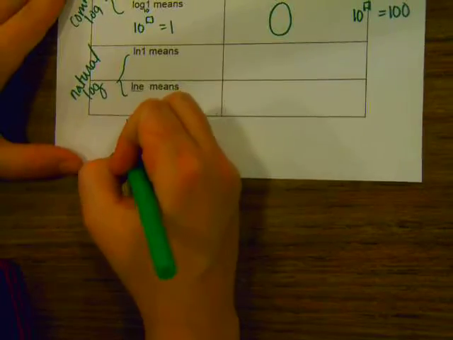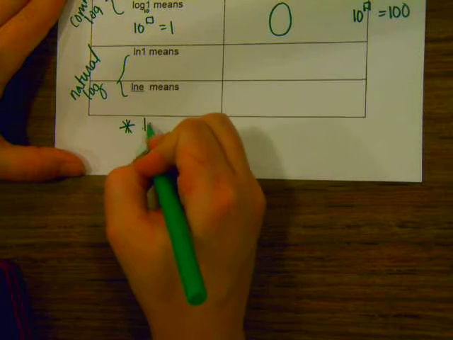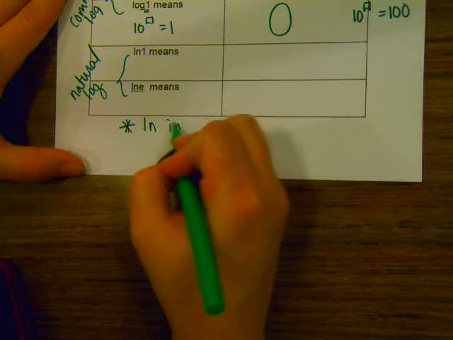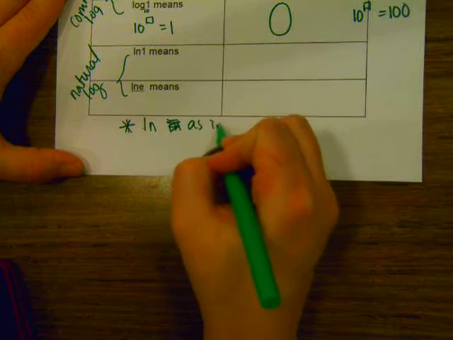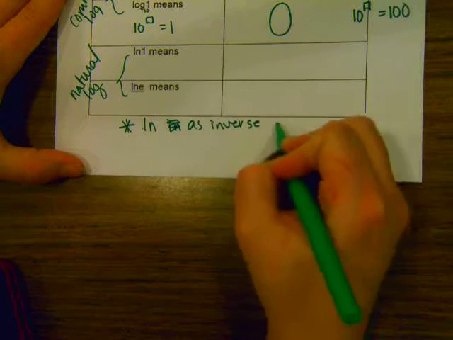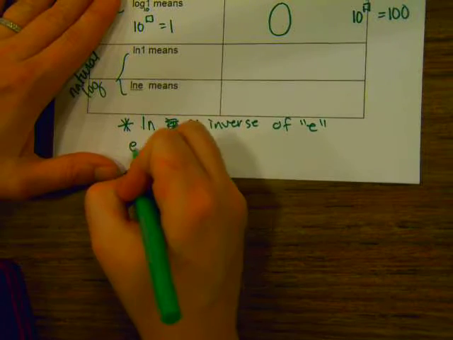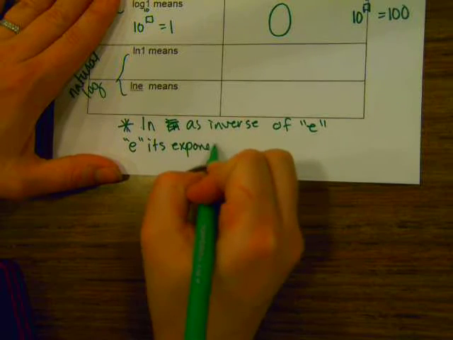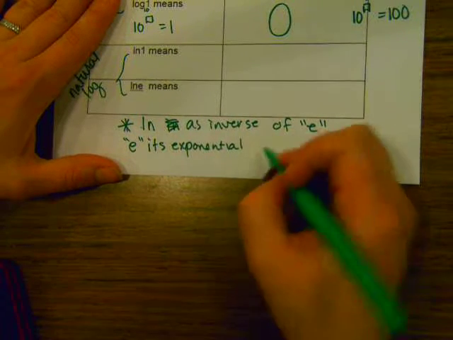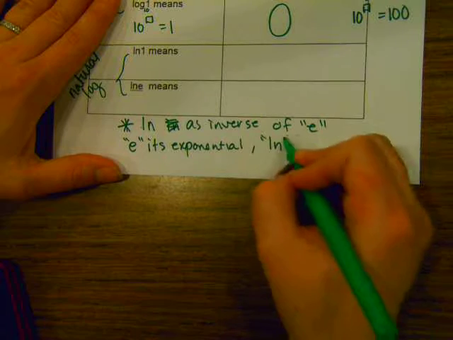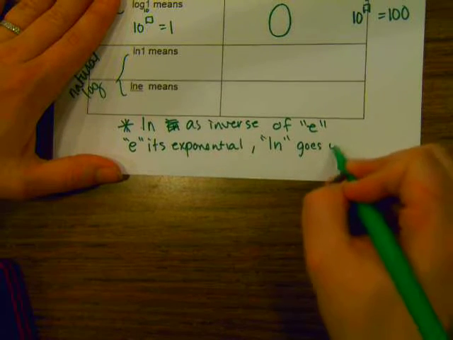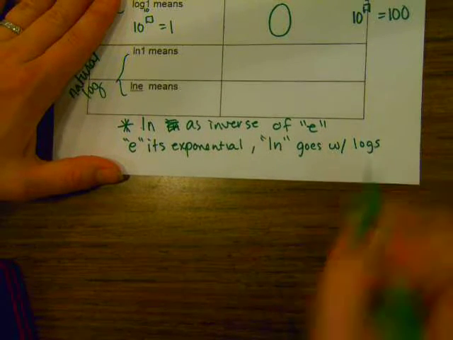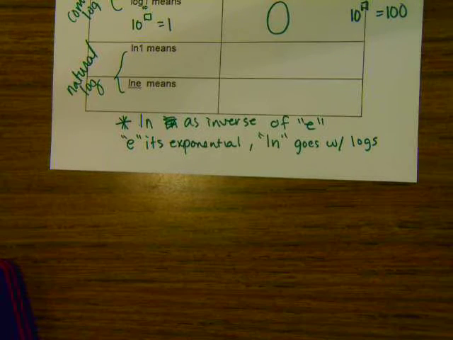So they created ln as the inverse of the e. Okay? E goes with exponentials. So when you see e in the problem, it's exponential graph or growth like we did in the word problems, while ln goes with logs, if you had to classify them.